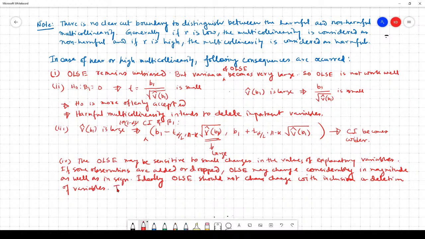Thus, OLS loses stability and robustness.